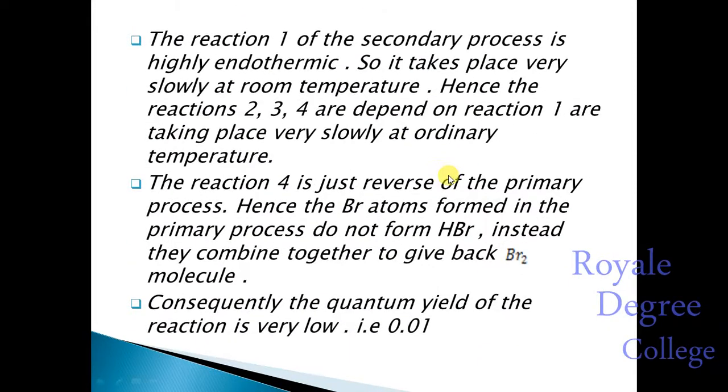So here the bromine atoms formed in the primary process do not form HBr. Instead, they combine together to give back the bromine molecule. Consequently, the quantum yield of the reaction is very low. How much? That is 0.01.